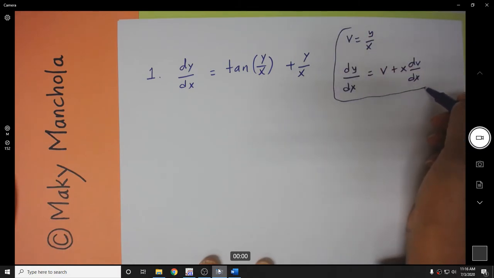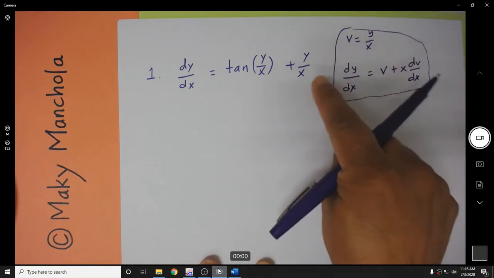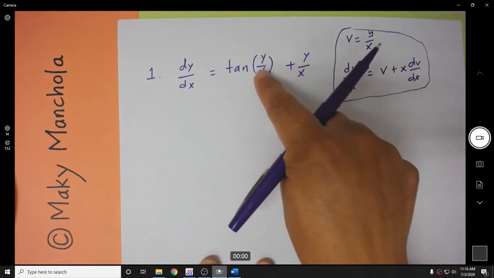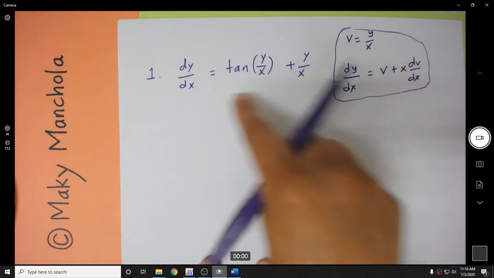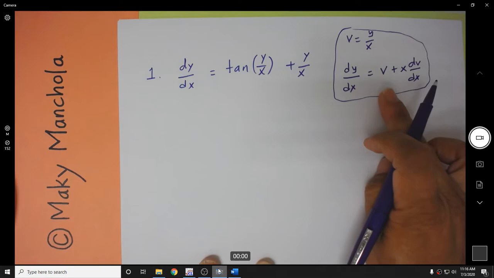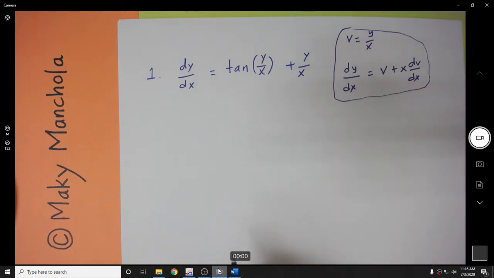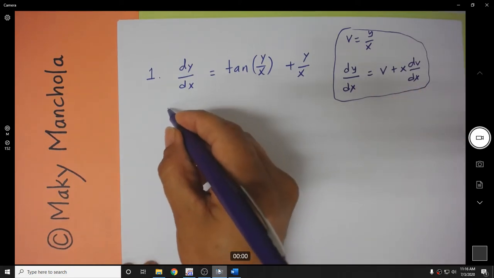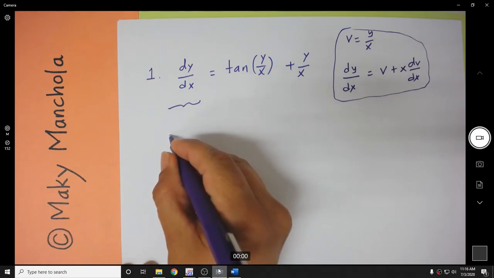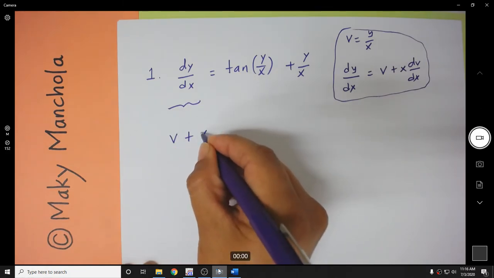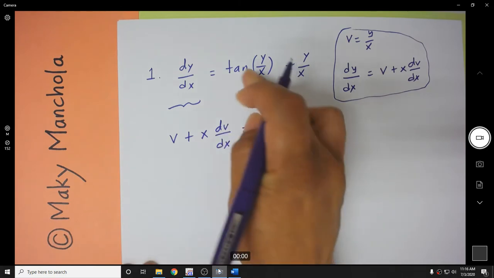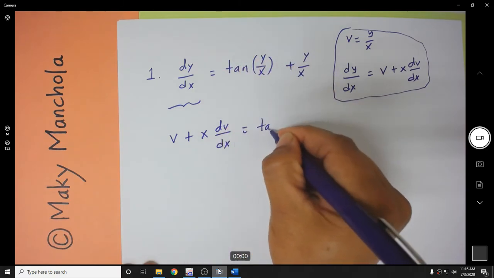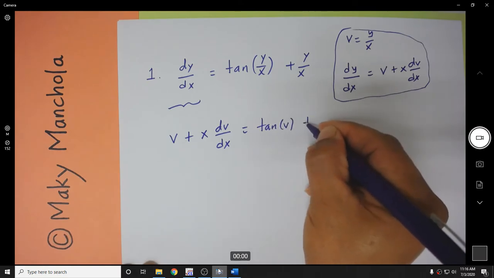So we're going to make the substitution. Y over x is replaced by v. dy over dx is replaced by v plus x dv dx. v plus x times dv dx equals tangent of v plus v.